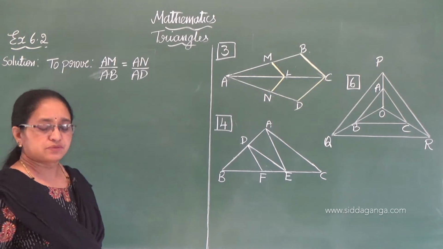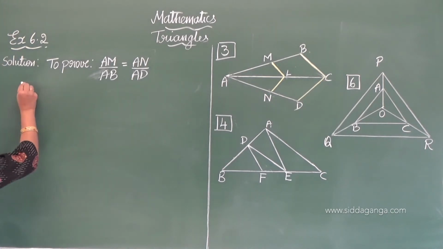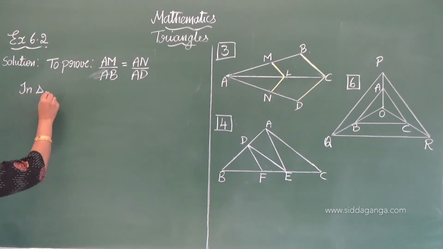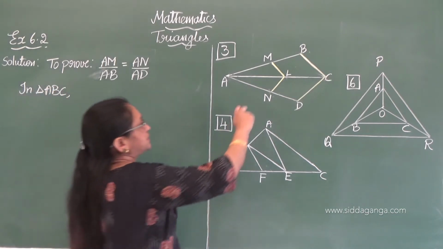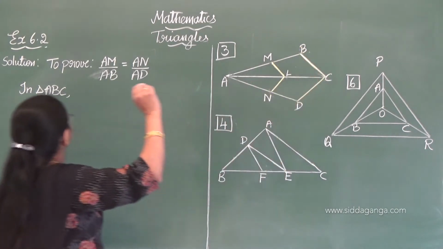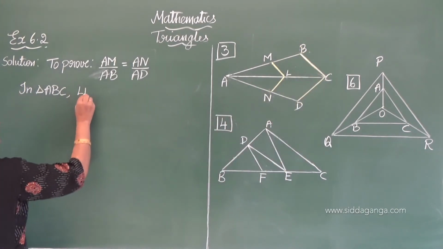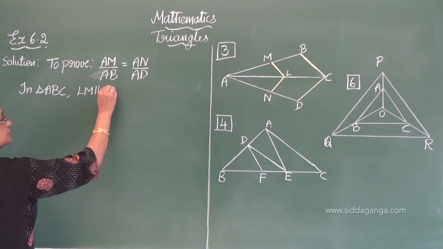So now what is given there? Given is, we will start like this. In triangle ABC, we have LM parallel to CB. So in triangle ABC, LM is parallel to CB.